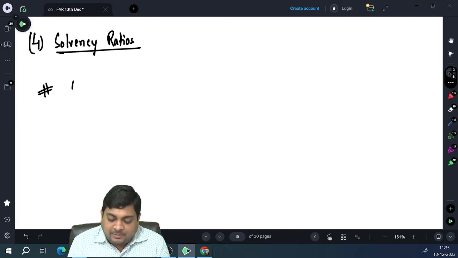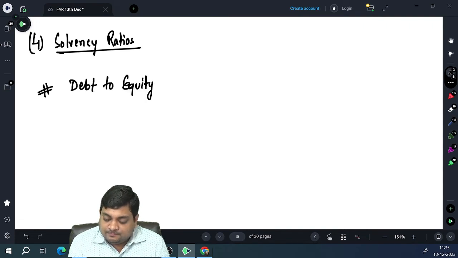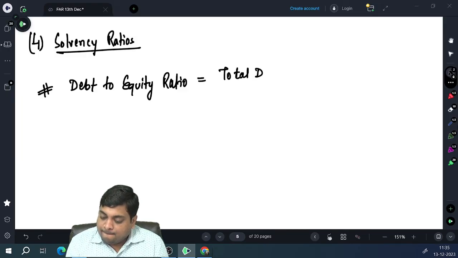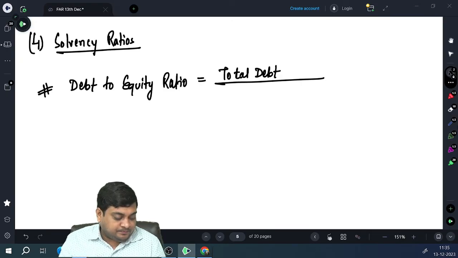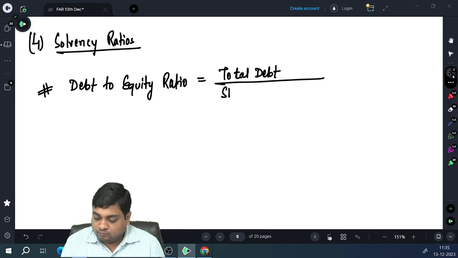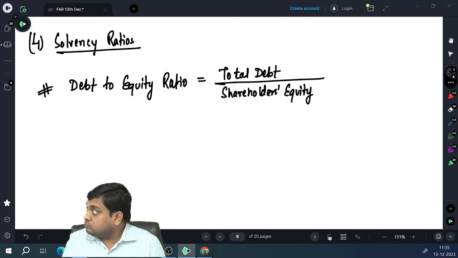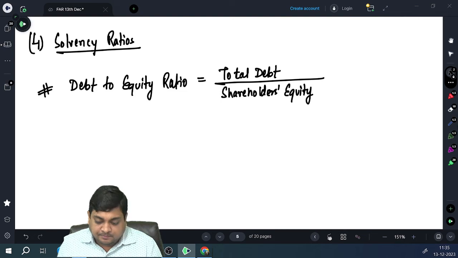So one of the ratios is debt equity, simple. Right?